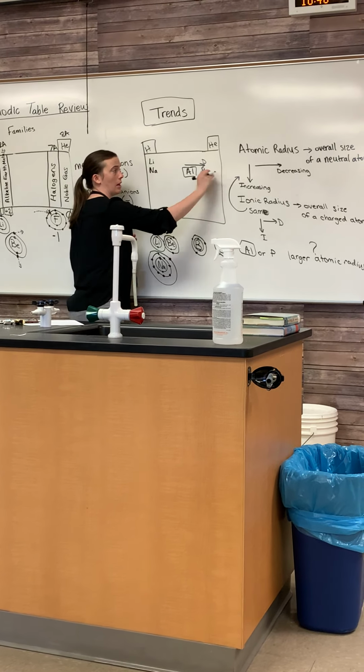Okay. So when it comes to electronegativity and ionization energy, I'm going to mostly be talking about these two elements. Fluorine, which is actually, this is the noble gases, so fluorine is right here. I'm not really going to be talking about noble gases with either of these. Okay, we're just talking about fluorine and francium.